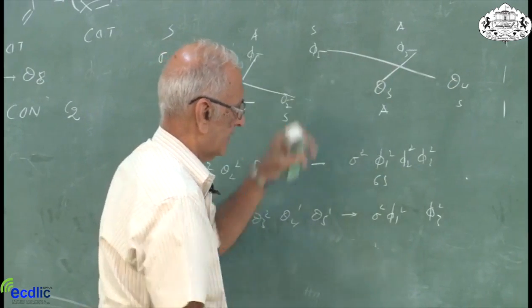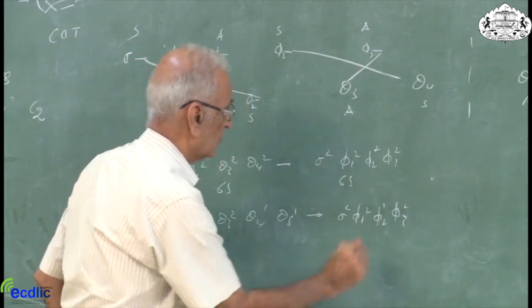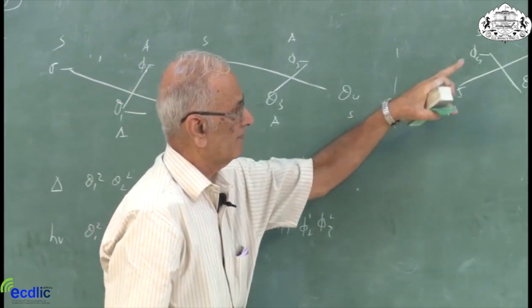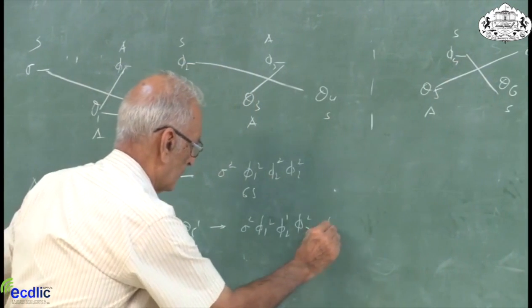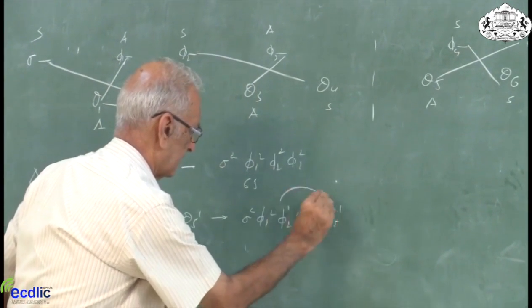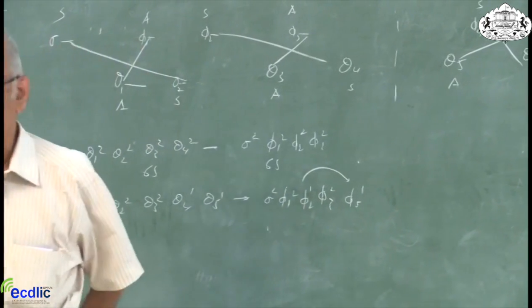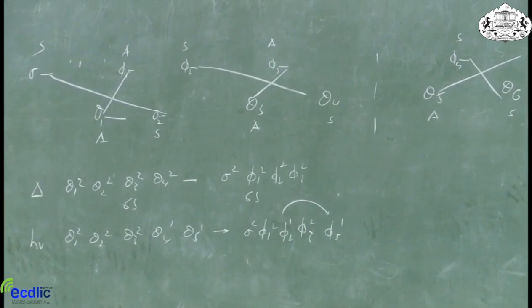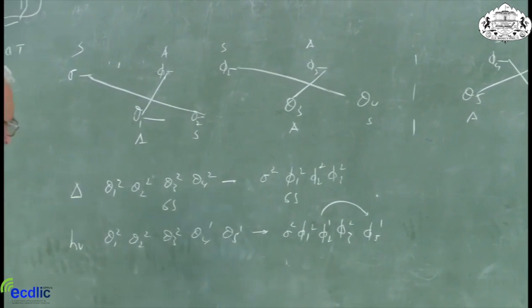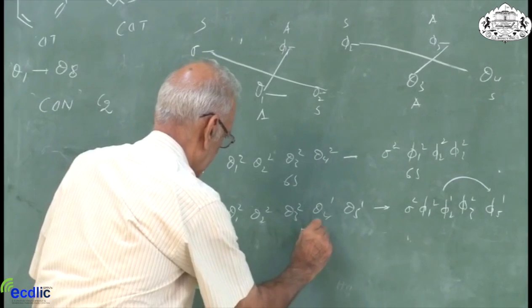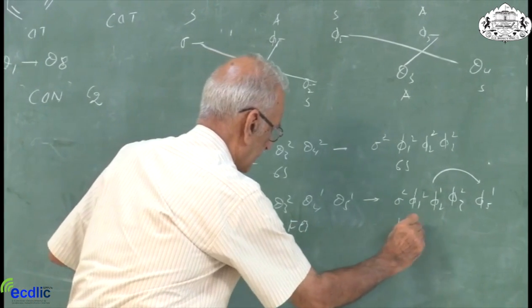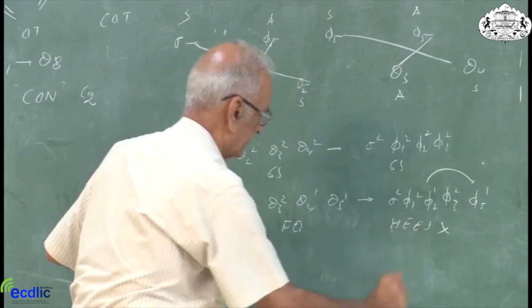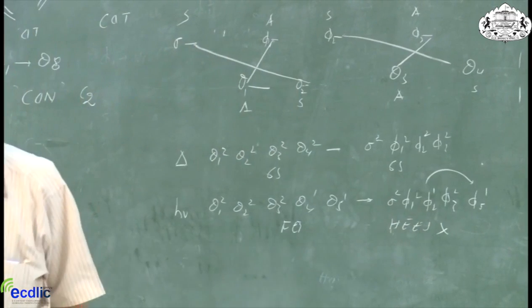Theta 4 to the 1 has gone into phi 2 to the 1, and theta 5 to the 1 has gone into phi 5 to the 1, equivalent of exciting an electron from phi 2 into phi 5. So, the first excited state has given a very high energy excited state. Therefore, the reaction is disallowed.